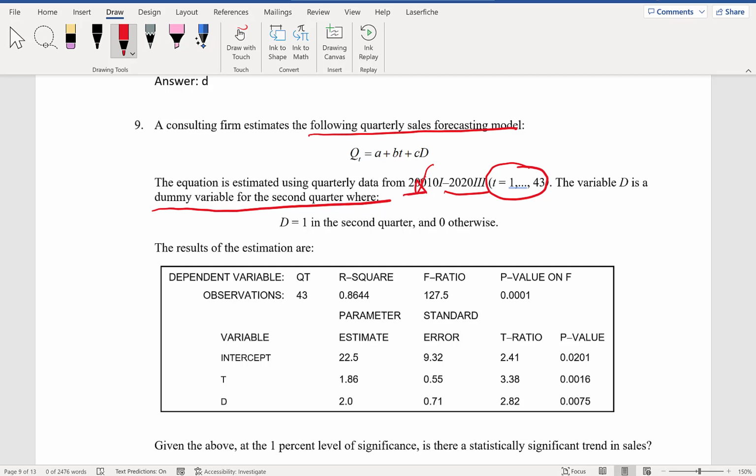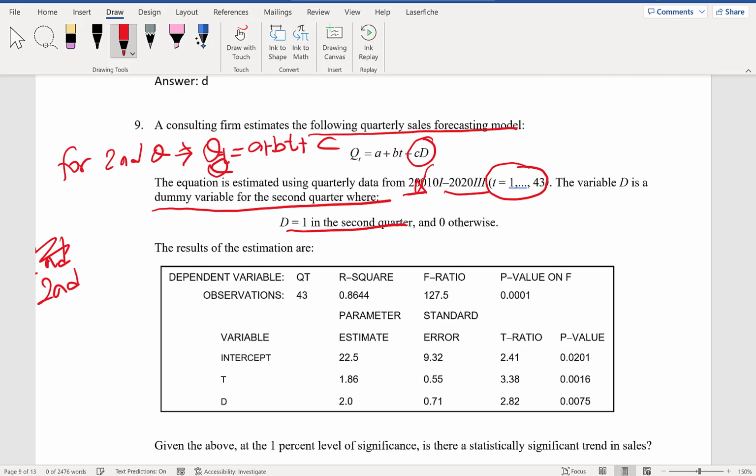So you can write this model like this. For the second quarter, QT equals A plus BT plus, since for the second quarter D takes on a value of 1, plus C. So for the second quarter, it's going to look like QT equals A plus C plus BT.